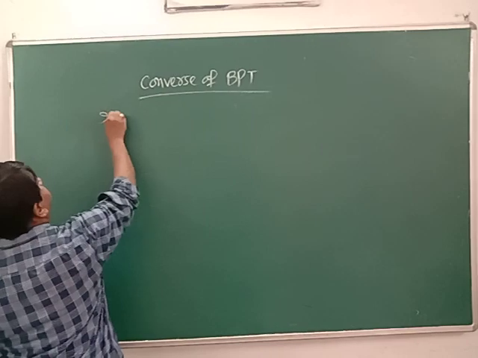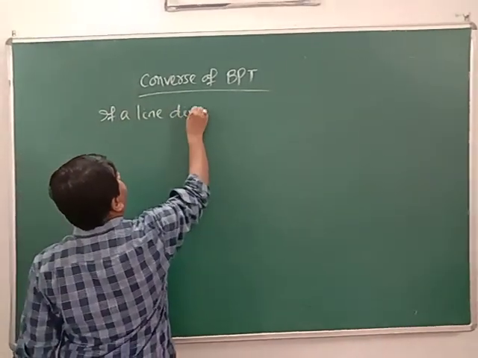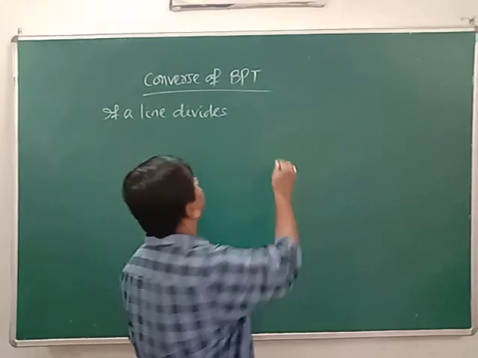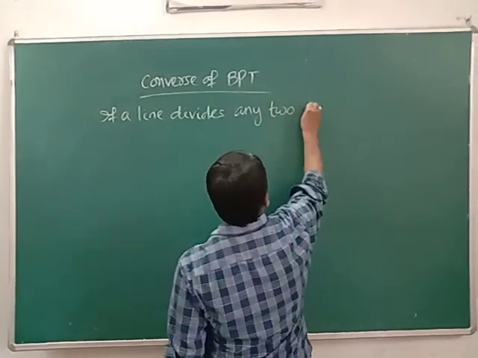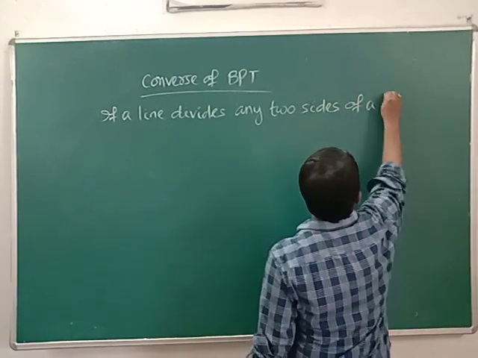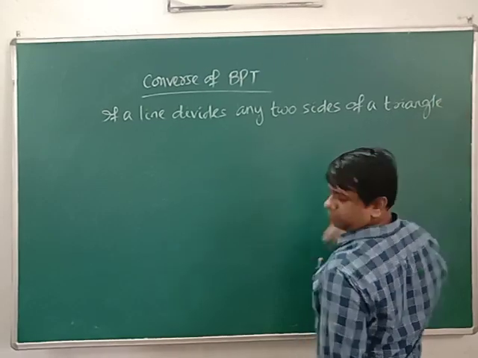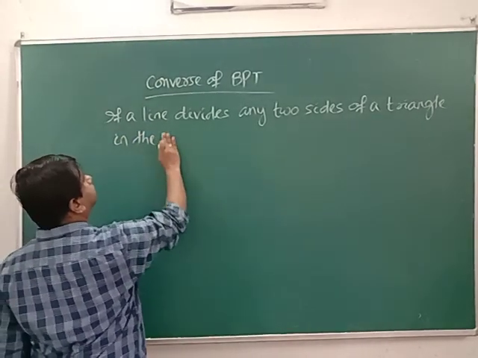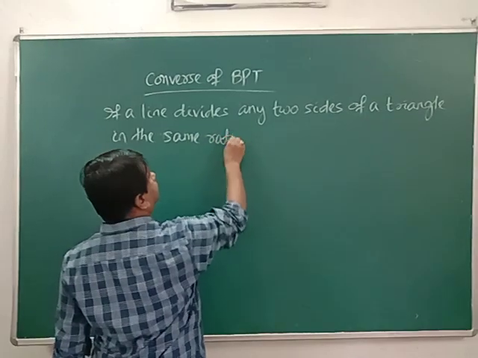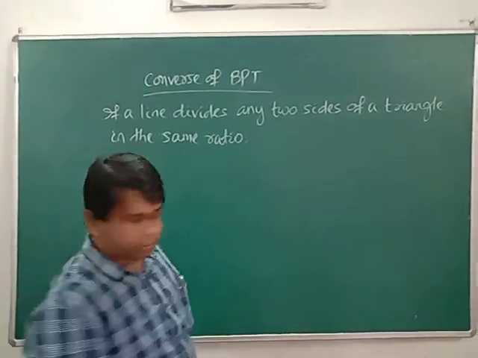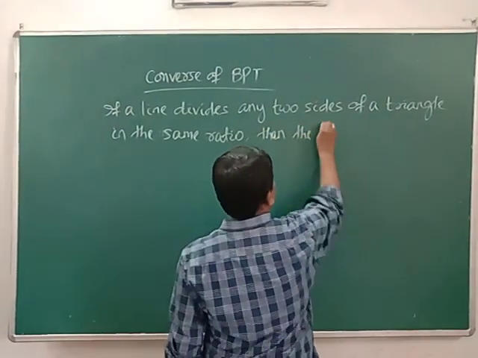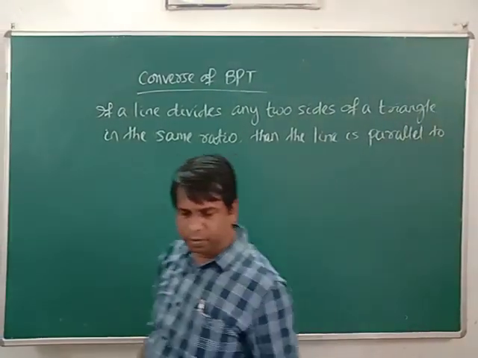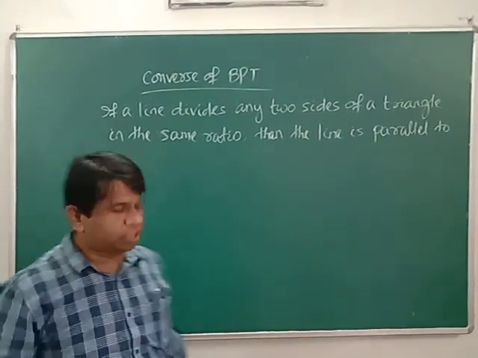If a line divides, carefully listen to the statement, if a line divides any two sides of a triangle in the same ratio, then the line is parallel to the third side.